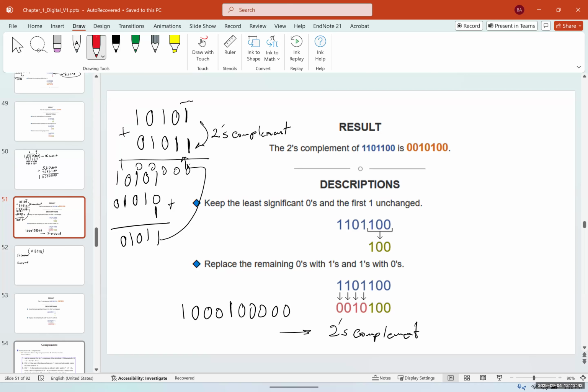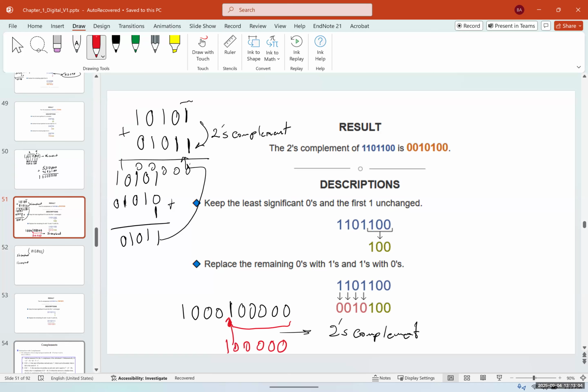What is the answer? 0, 1, 1, 1, 1. No. The 0, 1, 1, 1, 1, 0, 0, 0, 0, 0. Yes, you would keep all these zeros and the first one. So it's going to be 0, 0, 0, 0, 0, 1.